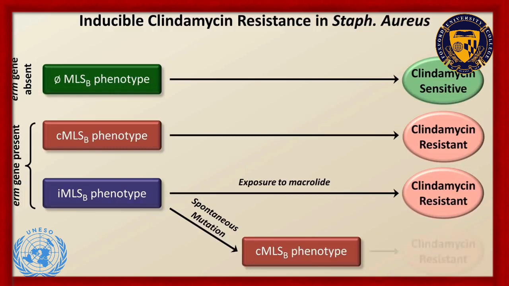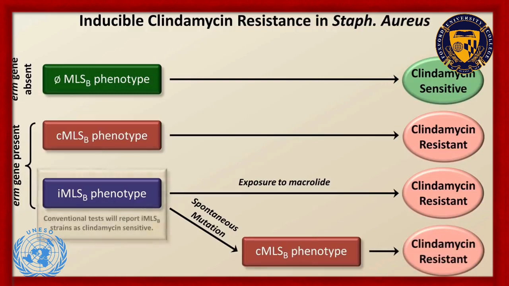Thus, the bacteria is now also clindamycin resistant. Why this is particularly problematic is that conventional susceptibility testing will report the inducible strains as clindamycin sensitive. In other words, the inducible phenotype is technically clindamycin sensitive, but it has an unusually strong tendency to develop spontaneous clindamycin resistance.